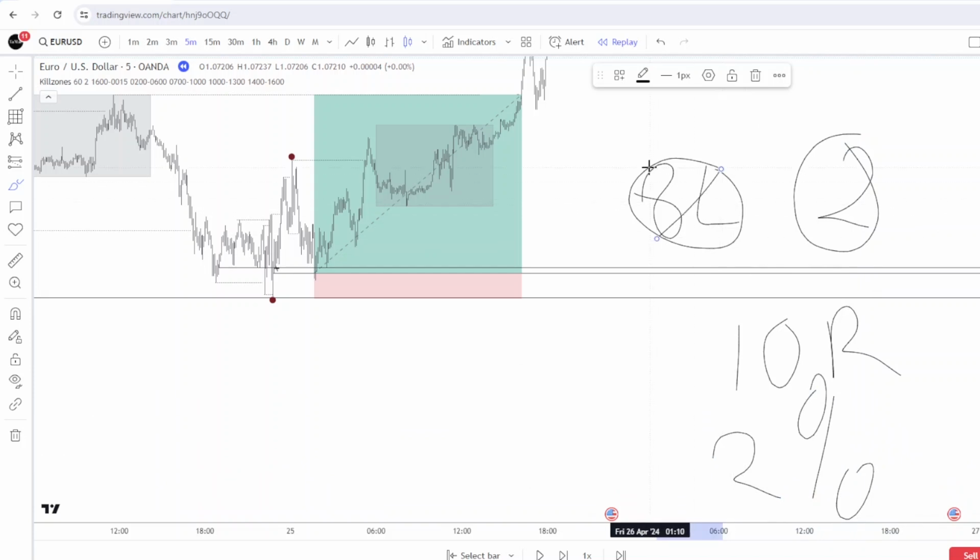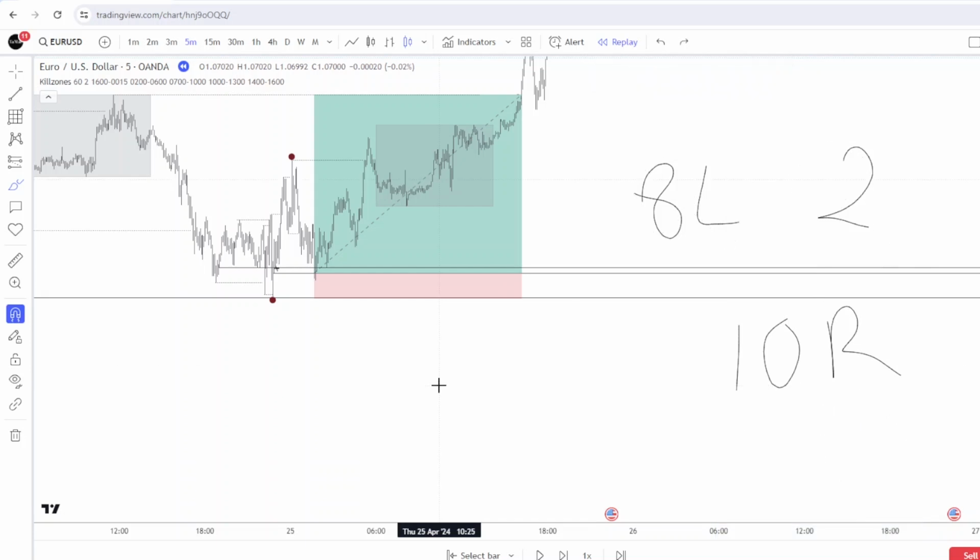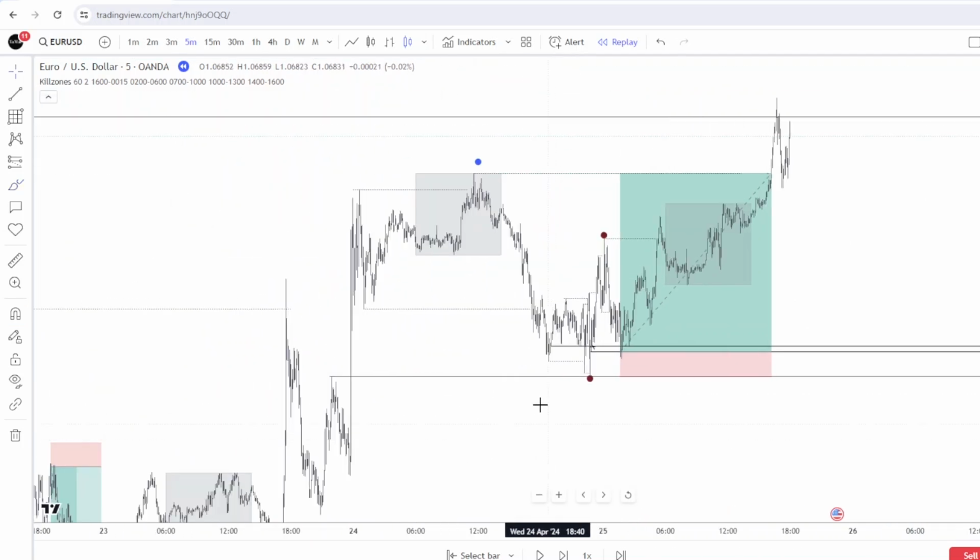So no matter if you take too many losses, as long as you have the good setups, you can always be profitable. So for me, I don't trade every setup. I just make sure I trade the best setup according to me, and then I maximize on that. And yeah, happy days. If you have any questions, please let me know.